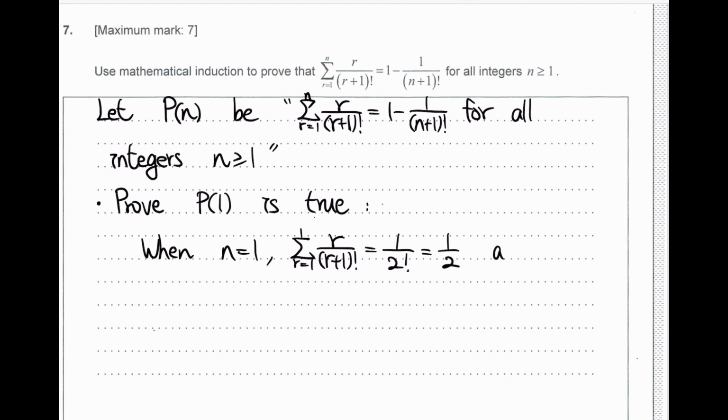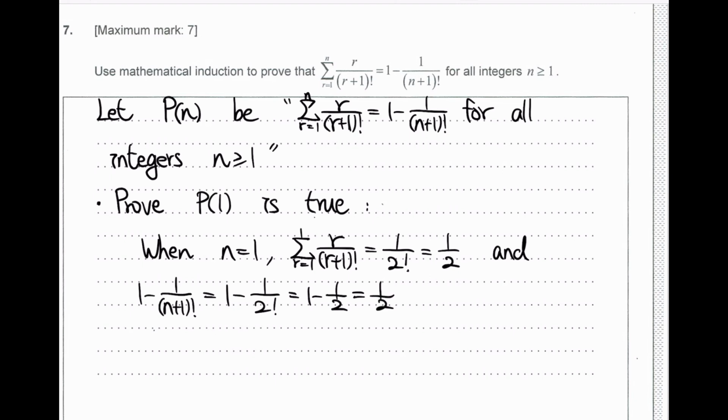And also the right-hand side of this statement is 1 minus 1 over (n plus 1) factorial, which is equal to 1 minus 1 over 2 factorial, which is 1 minus 1/2, so it's 1/2.